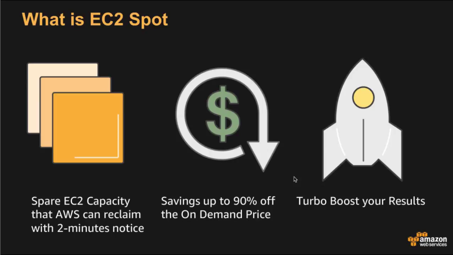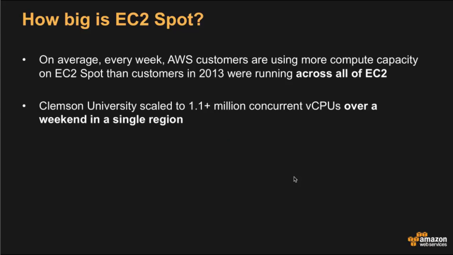You might wonder, now that I've said it's spare EC2 capacity, how big is this capacity? Am I able to run any workloads meaningfully using it? To keep that in perspective, on average every week AWS customers are using more compute capacity on EC2 Spot than customers in 2013 were running across all of EC2.